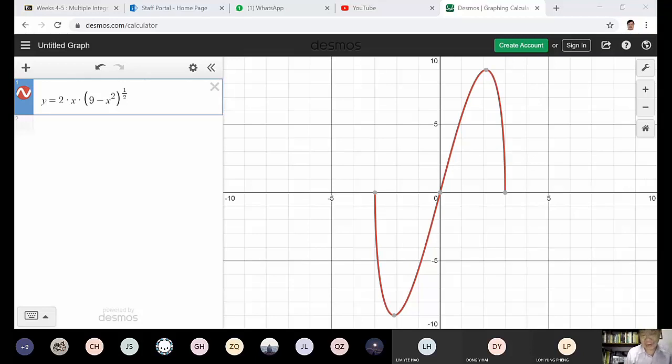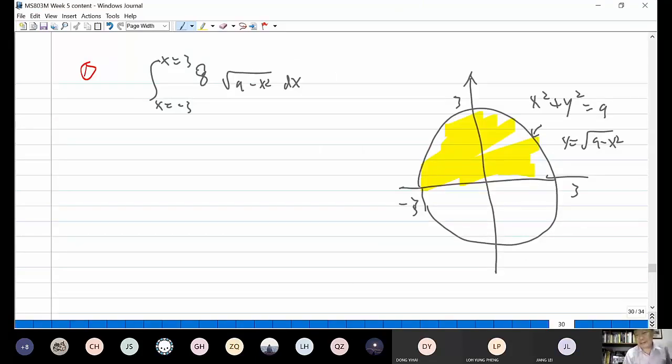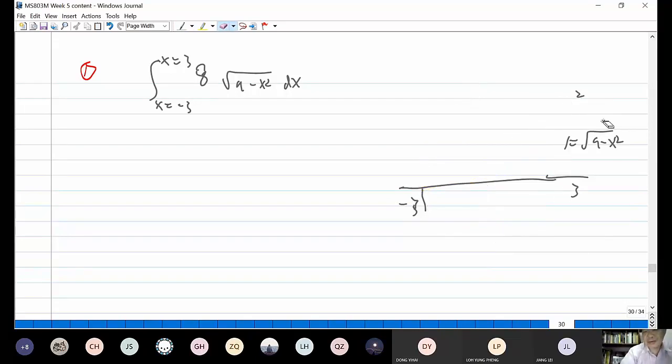Okay, so now I go to the first one. I insert here without any calculation. The first one is actually an integral. Let me show you the situation again. First of all, this is actually the graph of a circle.